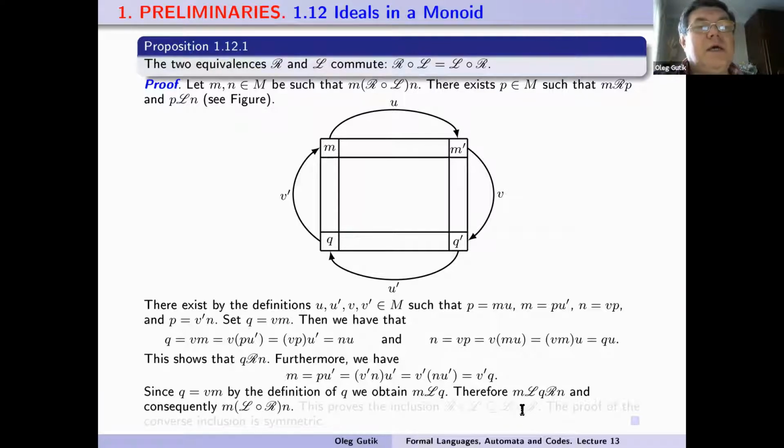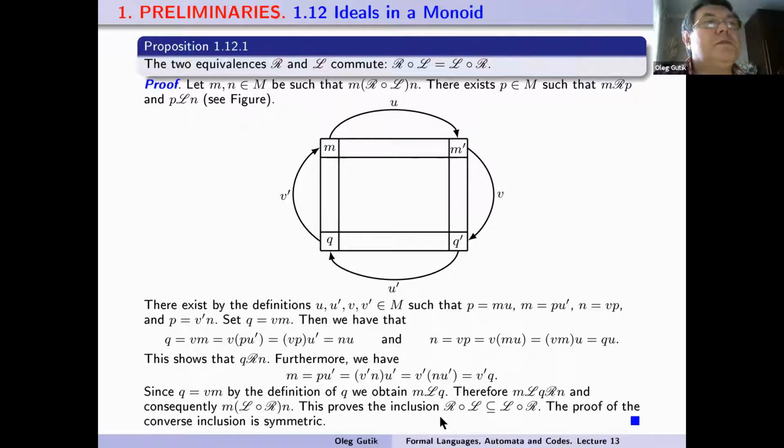Therefore, we get that m is L equivalent to q, and q and n are R equivalent, and consequently we get that (m, n) belongs to the composition L and R. This proves the inclusion that the composition of R and L is a subset of the composition of L and R. The proof of the converse inclusion is symmetric, and this completes the proof of this proposition.